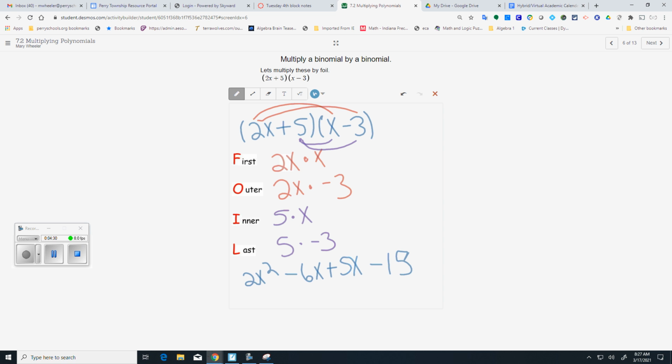And then we combine our like terms, which is negative 6x and positive 5x, and our negative 6 is bigger, so we would get negative x minus 15. Our final answer is 2x squared minus x minus 15.